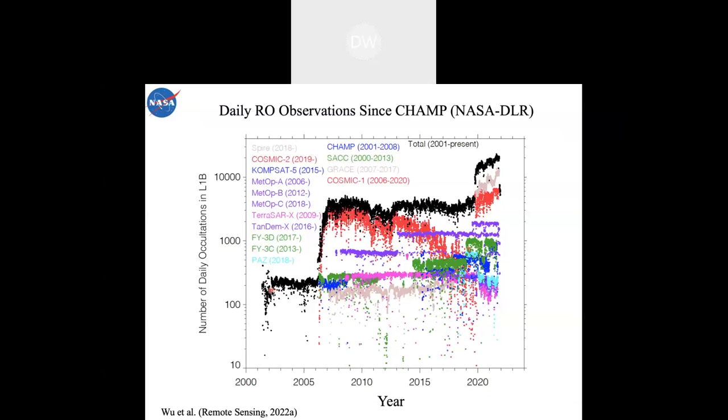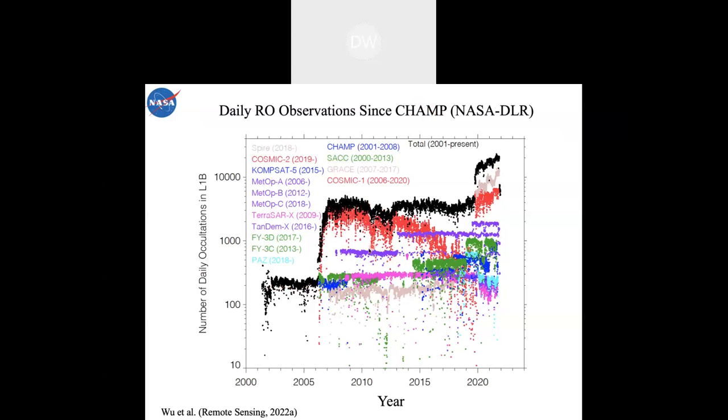Go back to 2001. That's probably the beginning of radio occultation with CHAMP, this NASA-German collaboration running for over 10 years. Later came the Cosmic 1 constellation, the red curve, but that one started to fade away after 10 years of operation.